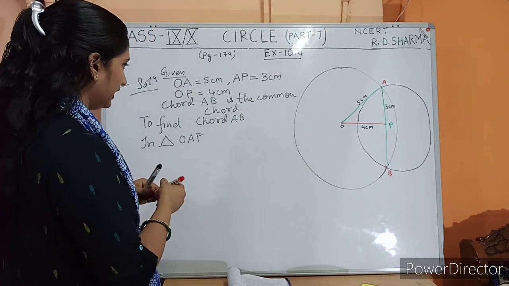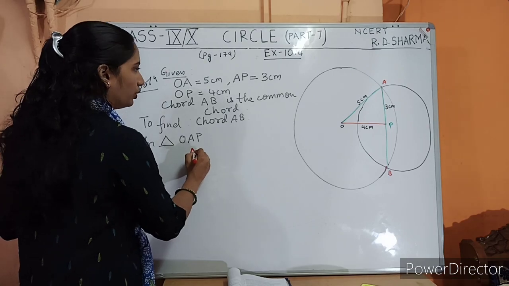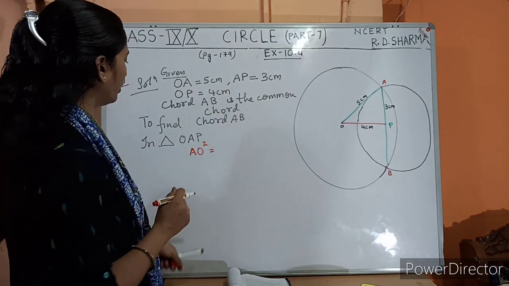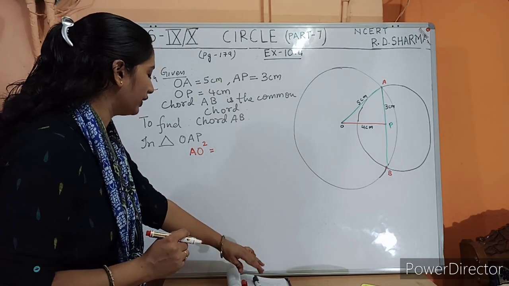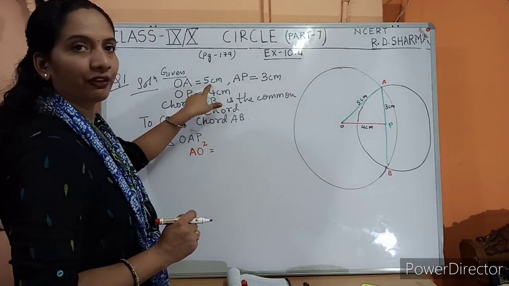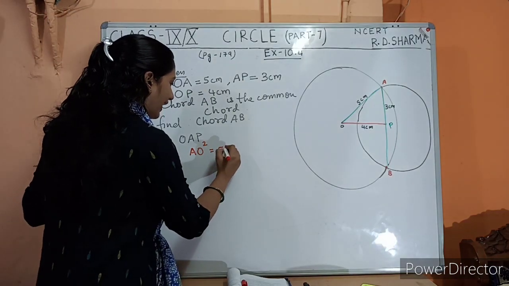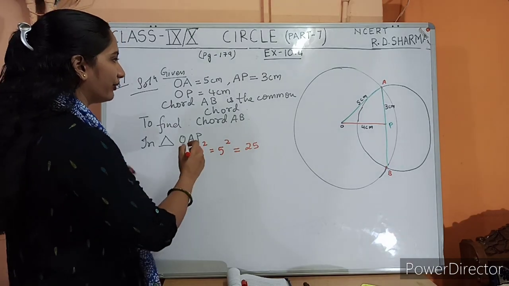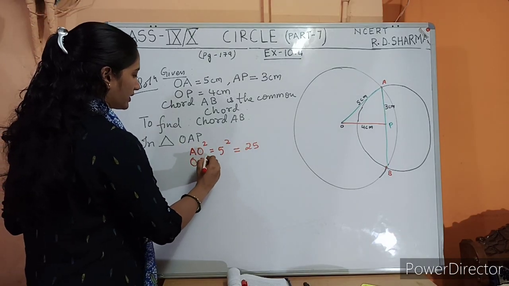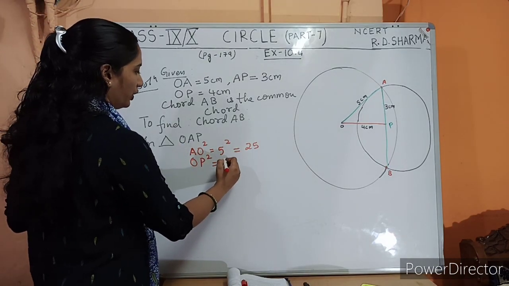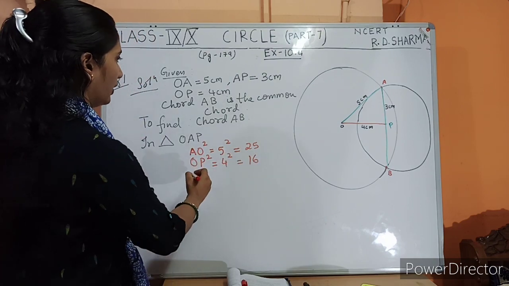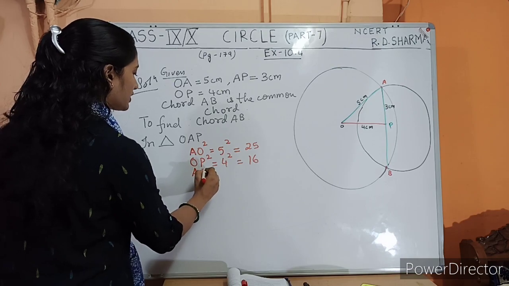Here, if I want to find the value of OA square, what would it be? What is the value of OA? 5 centimeter. So this must be 5 whole square, that means 25. Similarly, if I do OP whole square, what do we get? 4 whole square, that is 16, right? And what would be the value of AP whole square?